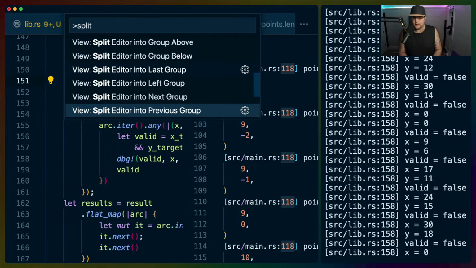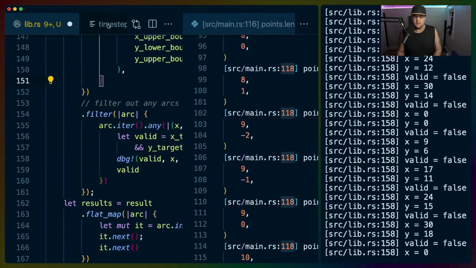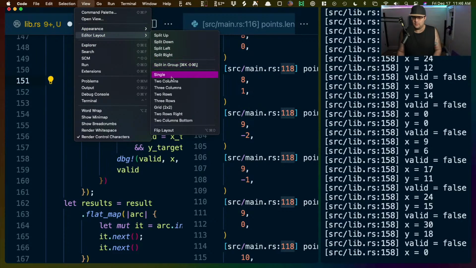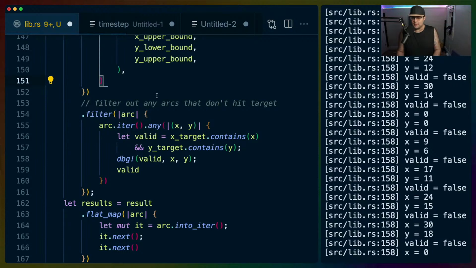Put editor right. What's the thing? View, editor layout, single. Did they get rid of that shortcut?